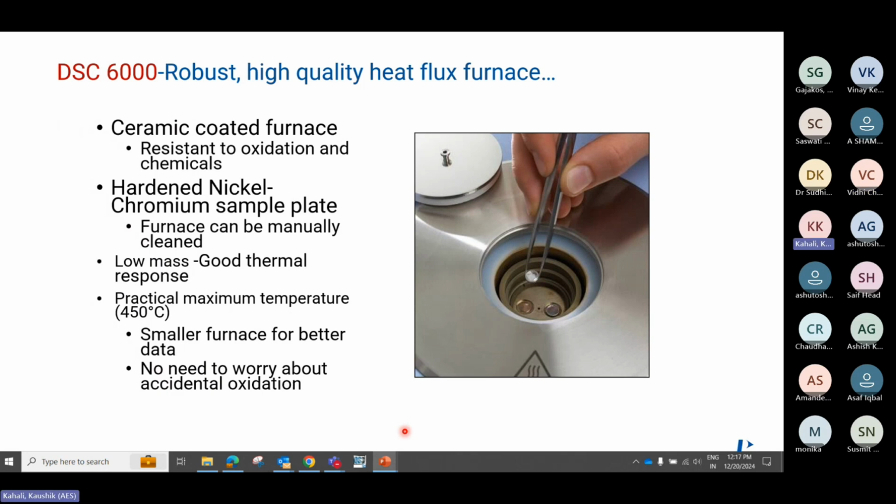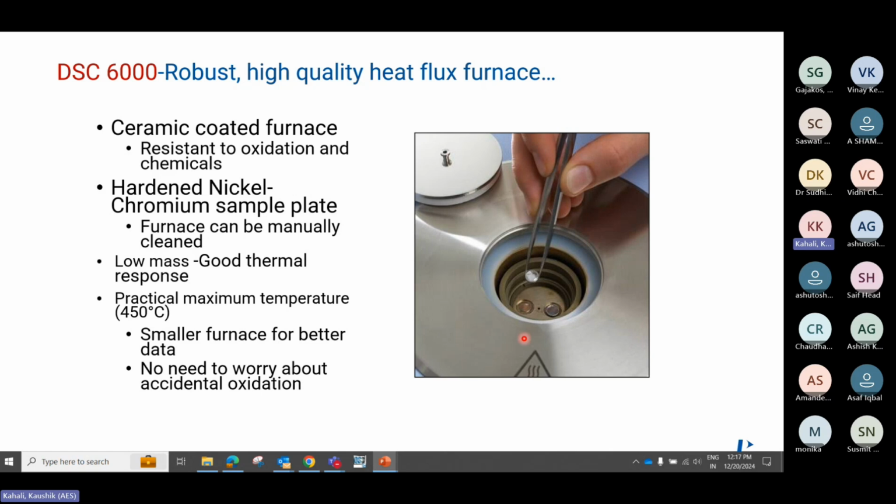So DSC 6000 is basically a robust, high quality heat flux furnace. Here you can see the actual image. This is the furnace cover, and this part is the common furnace where you have two positions. The right position is for your reference and the left position is for your sample. Here you will put a blank crimped aluminum pan, and here you will put the crimped pan along with the sample.